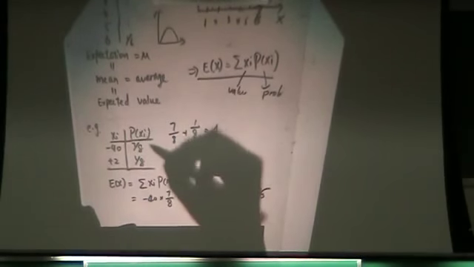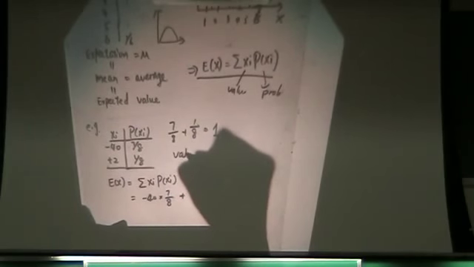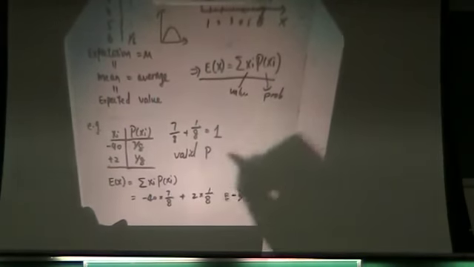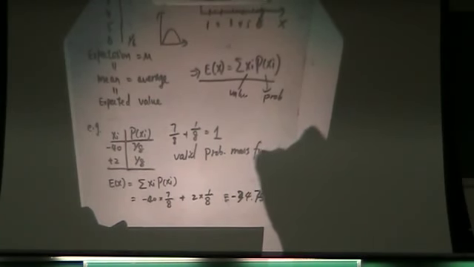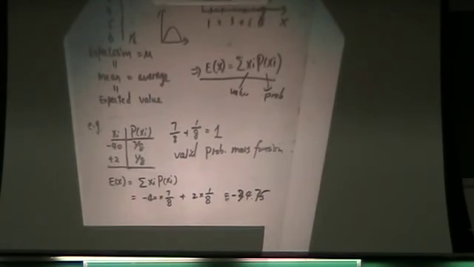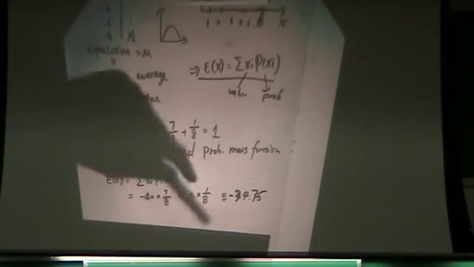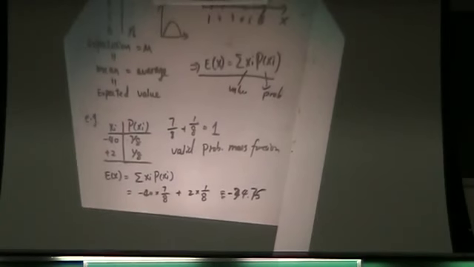So in this case, this is a valid probability mass function. It uses the conditions we talked about before: for each value, the probability should be greater than or equal to 0, and the summation of all the probabilities should be 1. Just a review of the probability mass function.